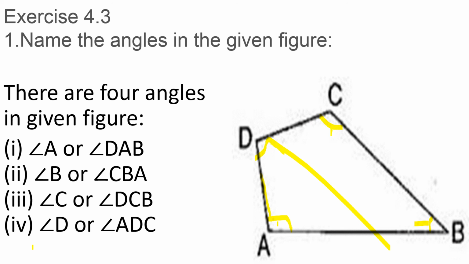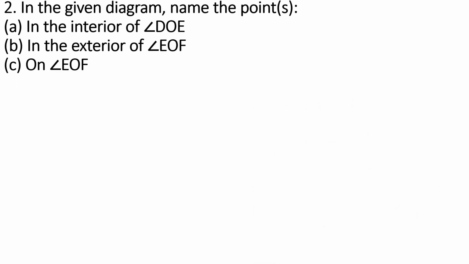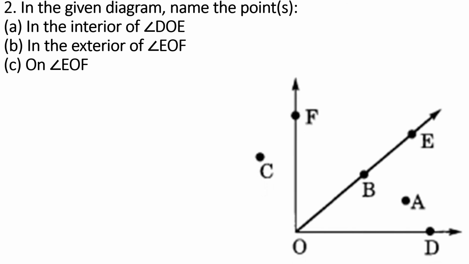We can say BCD also, but the center letter should be the angle's vertex. Then angle D, angle ADC. So how many angles in this figure? Four angles.